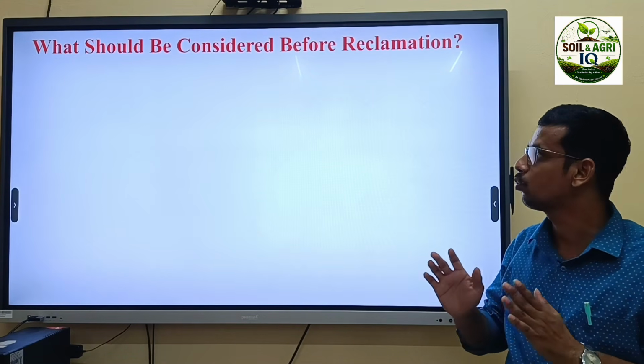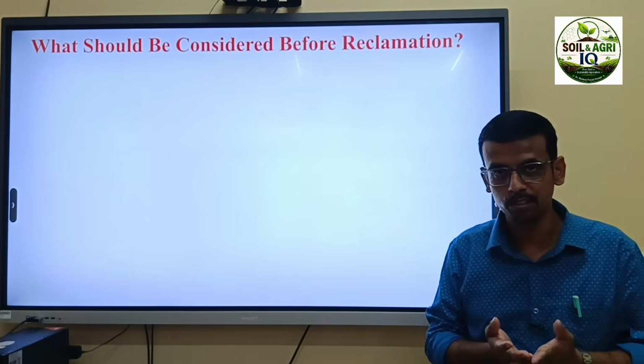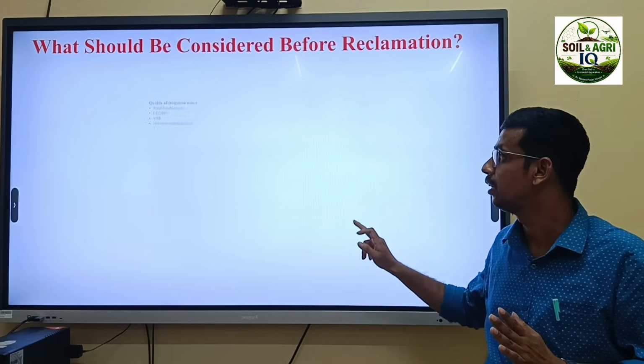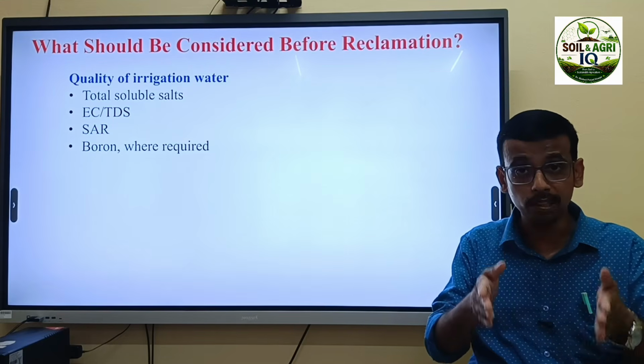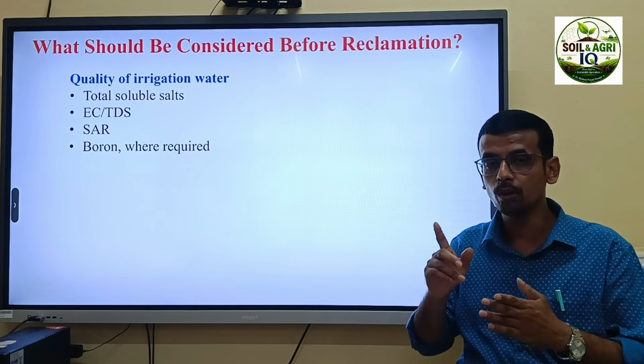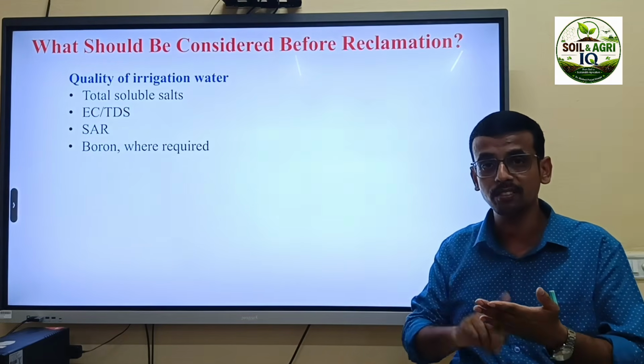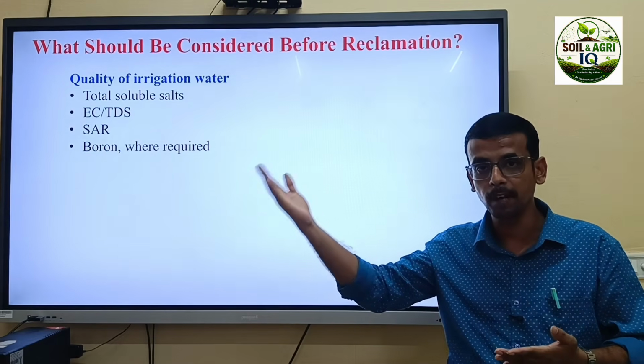So what should be considered before reclamation? What points do we need to remember? See, the first one is the quality of the irrigation water. What water you are giving to your crop field, that irrigation water quality must be assessed before applying irrigation.